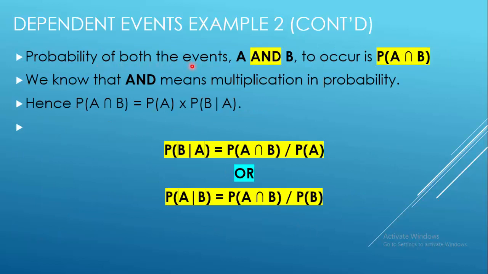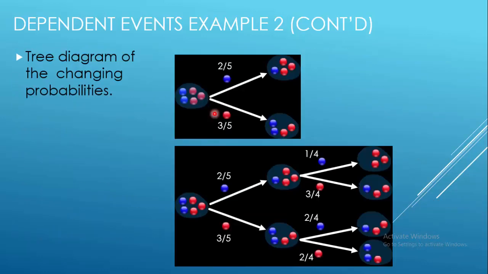The probability of both the events A and B to occur is P(A intersection B). We know that intersection means multiplication in probability, hence the probability of A multiplied by the probability of B given A. As you can see here, this one is actually the probability of B given A. So the total probability is simply multiplying this probability by this probability.